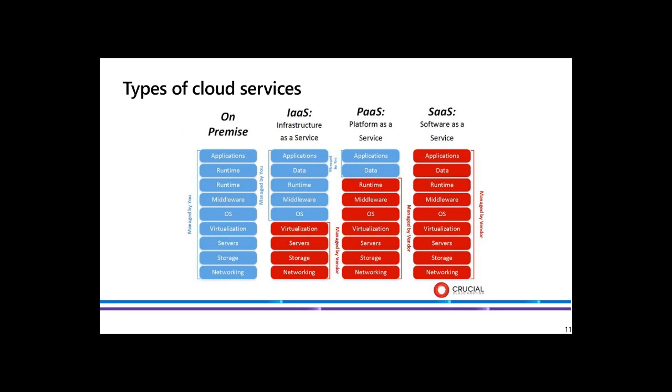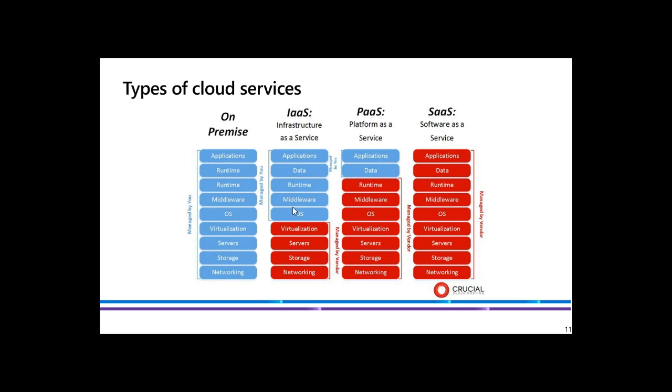And next, as I mentioned about the cloud services, with this picture you can easily recognize the differences between these cloud services. The first one is on-premise.